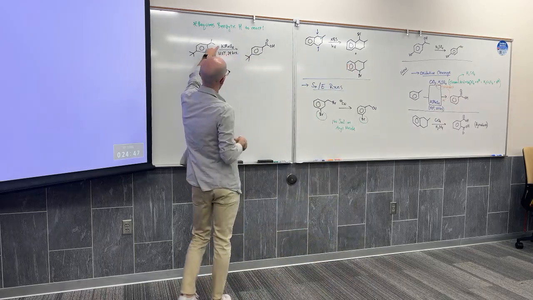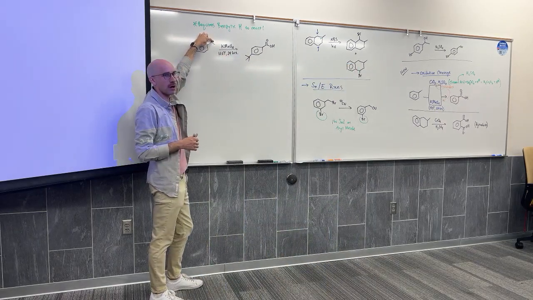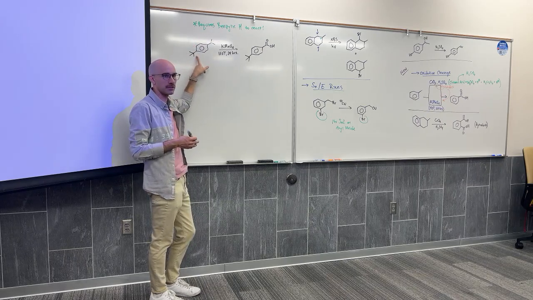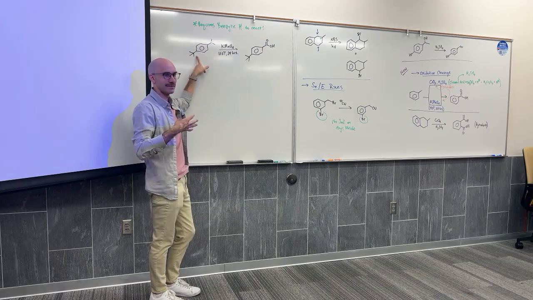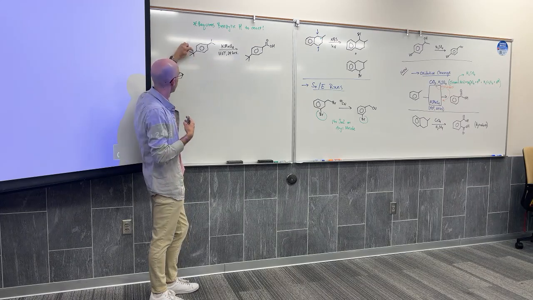In this case, with our oxidizers, one of those oxygen atoms binds to a hydrogen. If there's no hydrogen for the oxygen to bind to, it can't break any of the other bonds. It can only break a bond to one of those hydrogens.